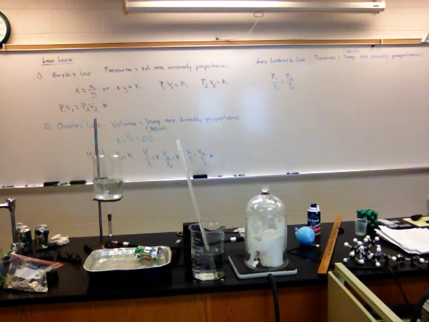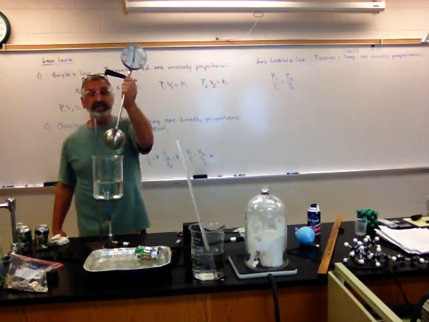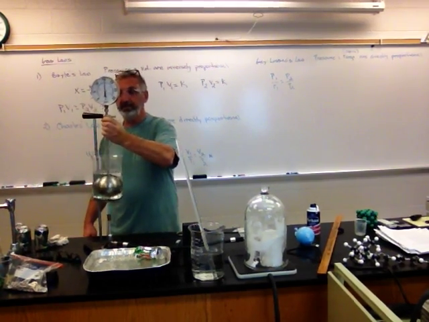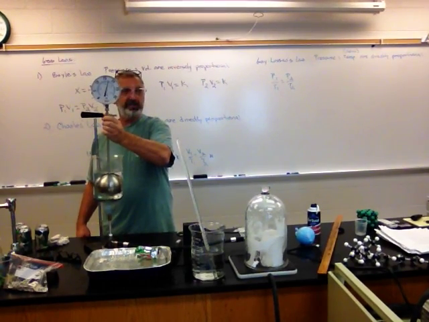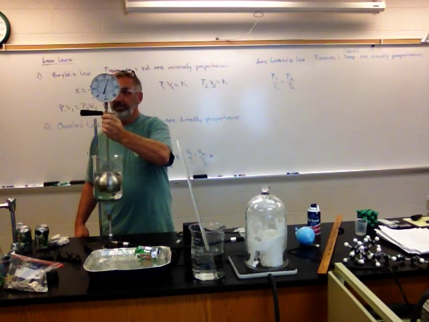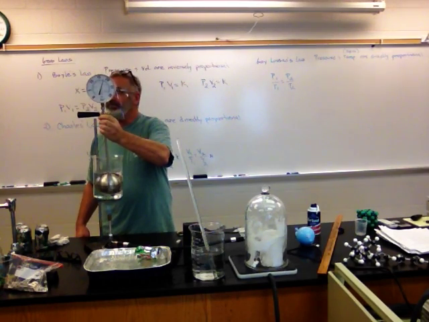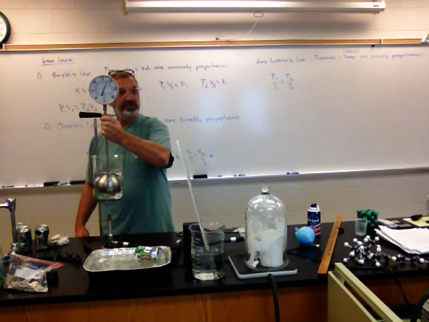So it's set pretty close to what we expect atmospheric pressure to be, 14.7. So I put it into boiling water. I heat up the gas inside the little ball. What's happening to the pressure? It's going up, because as we increase the temperature, the pressure is going to increase. Okay?